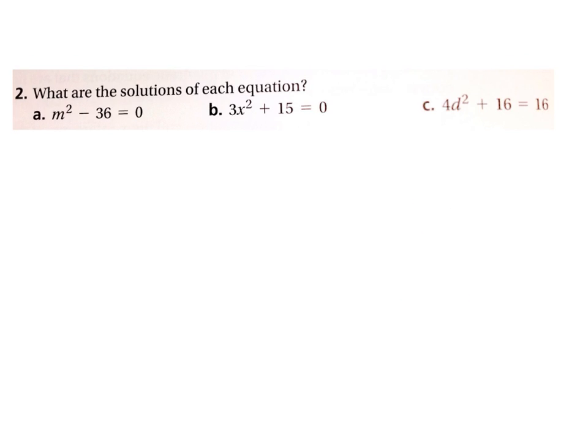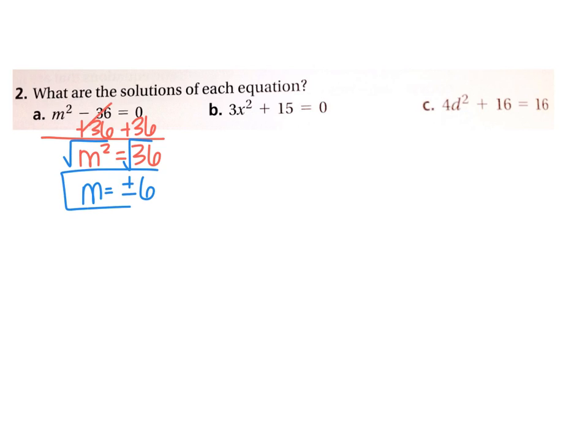Okay, so for example, A here, if I add 36 to get m squared by itself, I get m squared equals 36. Square root both sides, and I get m equals plus or minus 6. For B, subtract 15. I get 3x squared equals negative 15.